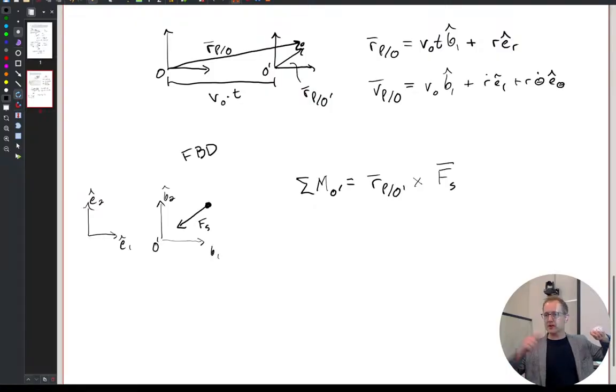The force of the spring is going to look kind of weird because the table's moving, so there's both the force of the spring acting that way and then some kind of constraint to cause the motion.